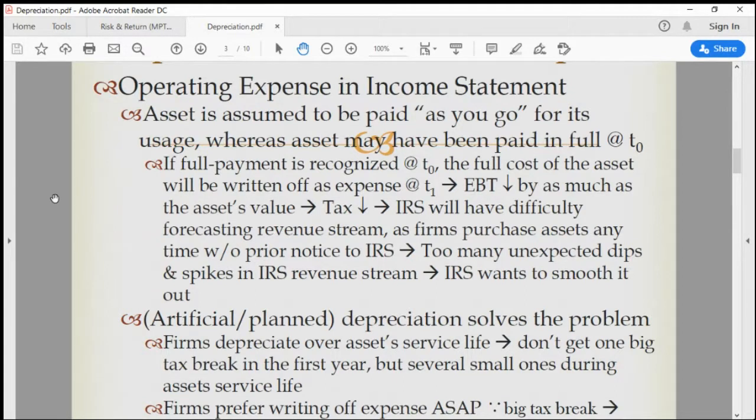You understand? Because the IRS never knew what these hundreds of thousands of businesses had planned to buy in 2020.